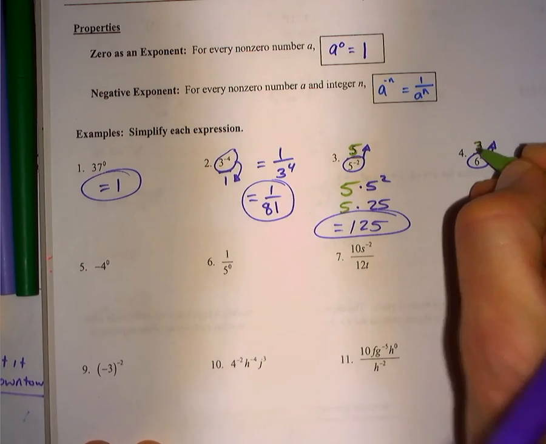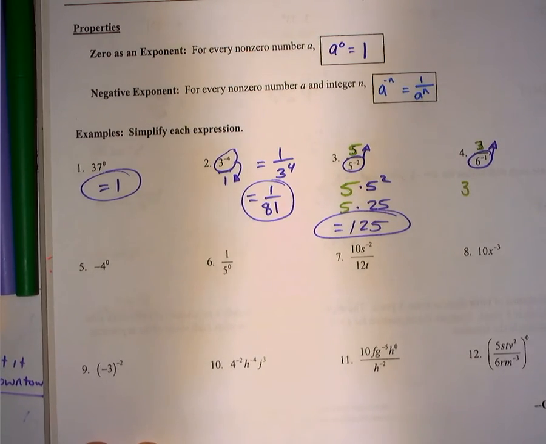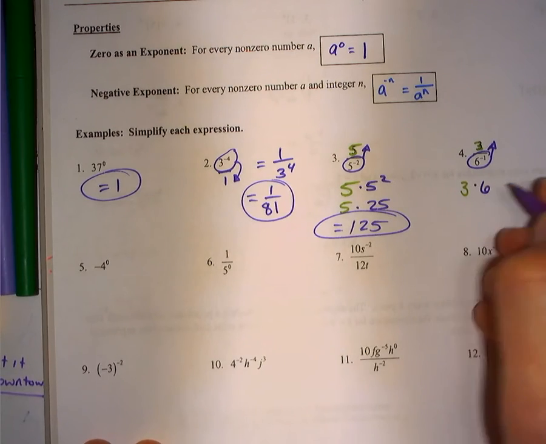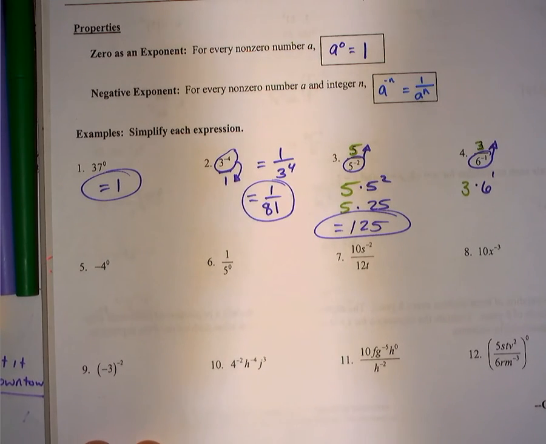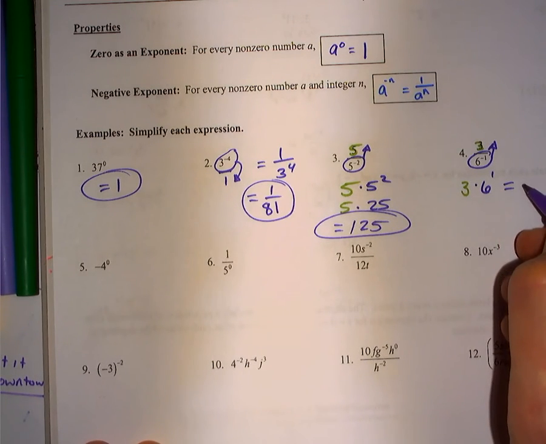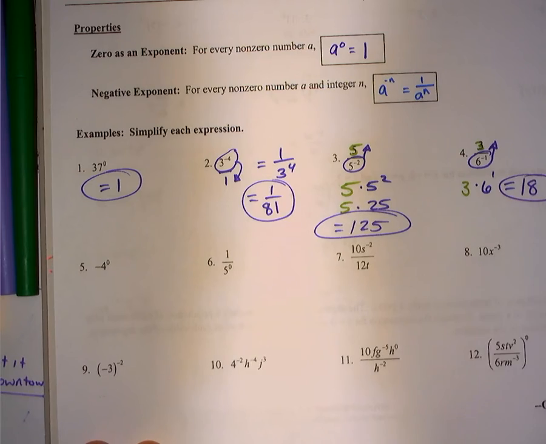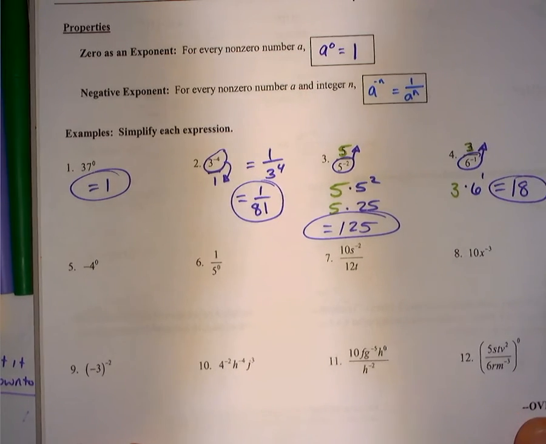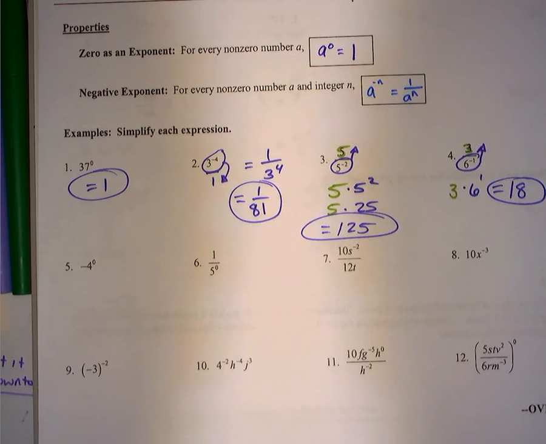So this 3 stays there. And now I bring the 6 up. And now it's 6 to the first. Positive. 6 to the first is just 6. 6 times 3 is how much? 18. There we go. Good stuff. So far, so good?